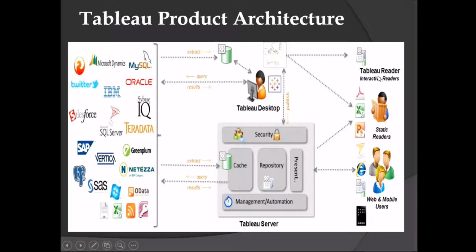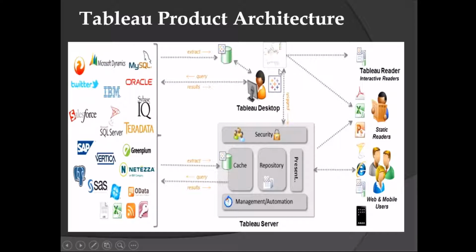That is, if you don't have a Tableau Server, you can package and share it so that Tableau Reader users can read it. It has its own limitations, but it will serve the purpose.